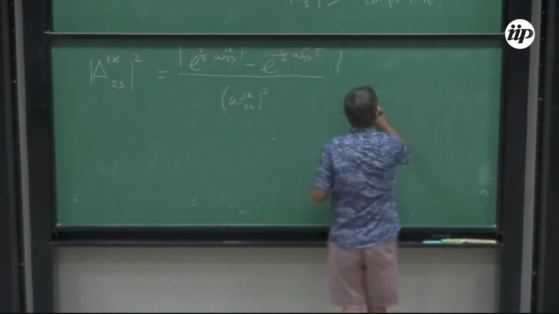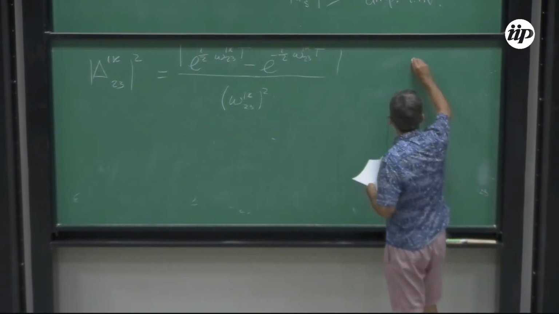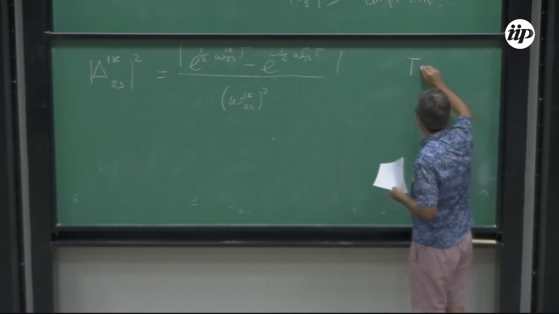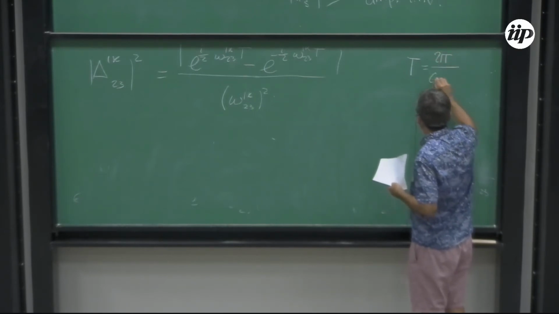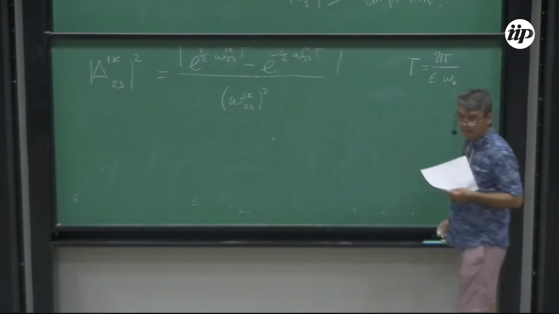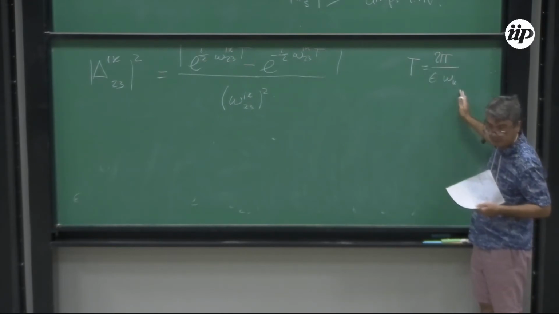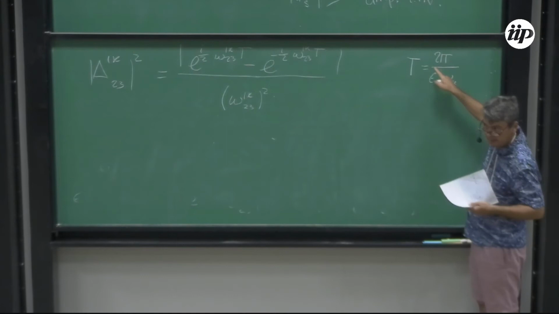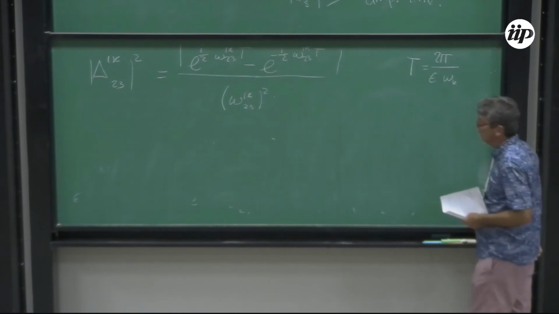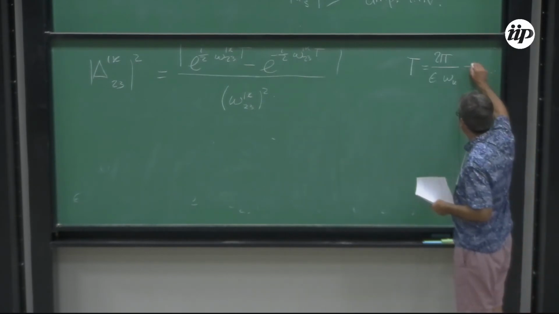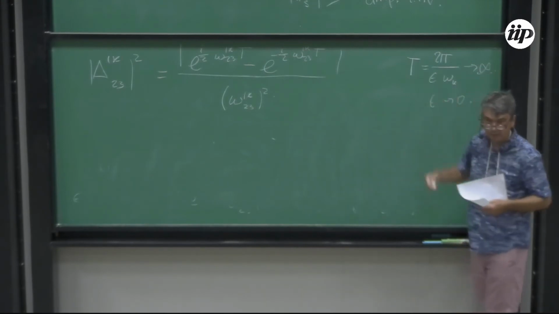Remember I took time to be an intermediate time. For example, I can take time to be 2 pi over epsilon omega k, because it has to be less than 2 pi over epsilon squared omega, but greater than this linear period. I could take that for simplicity. And then I see that as epsilon tends to 0, this time tends to infinity.